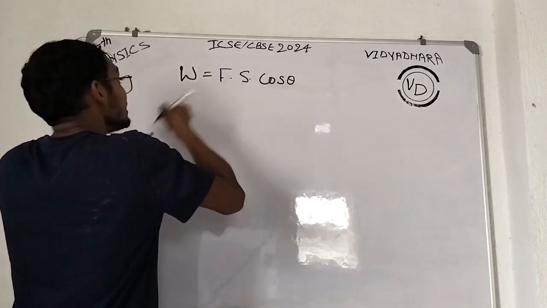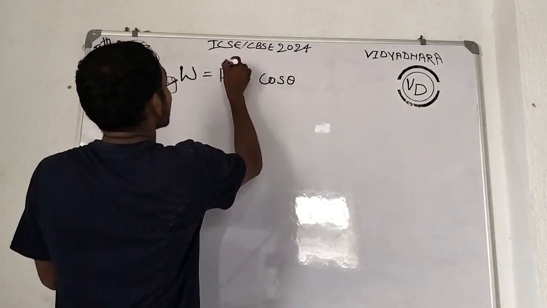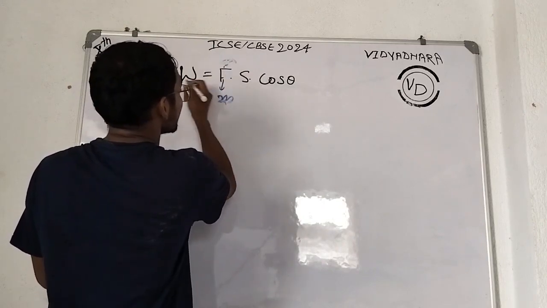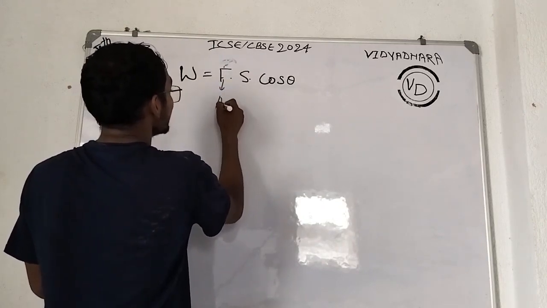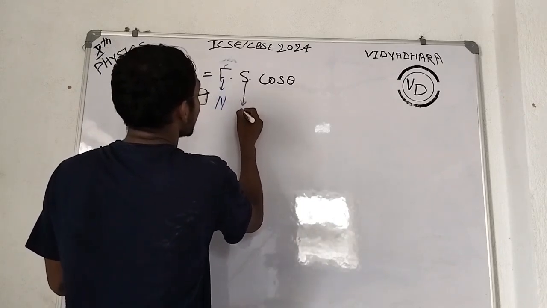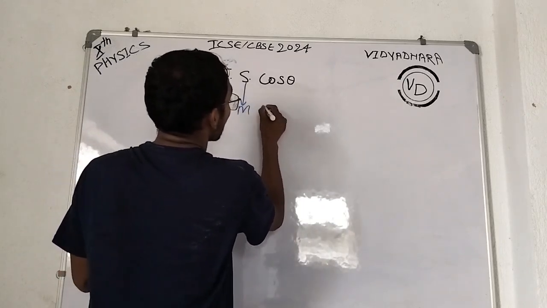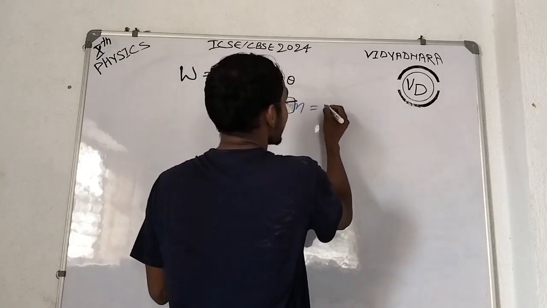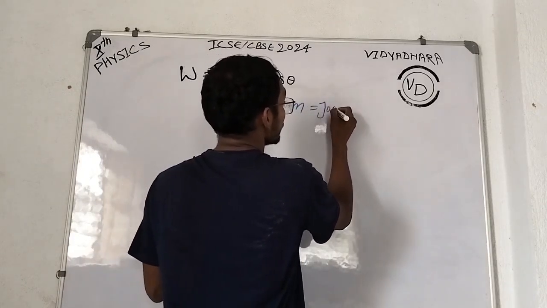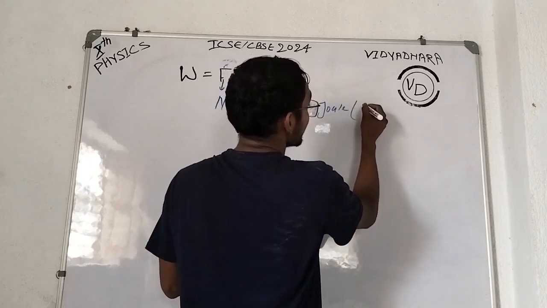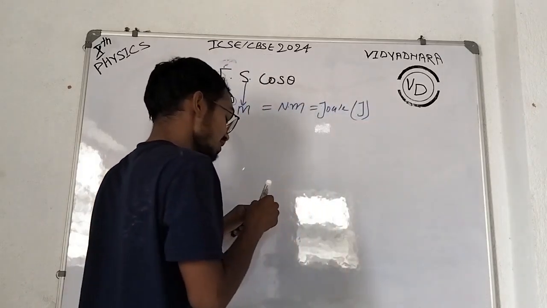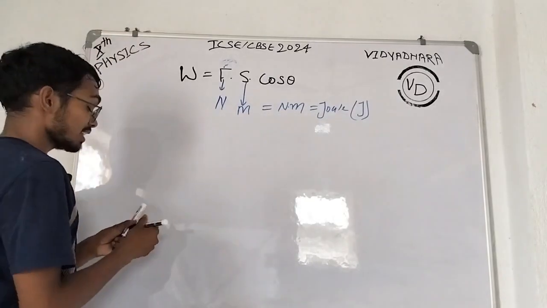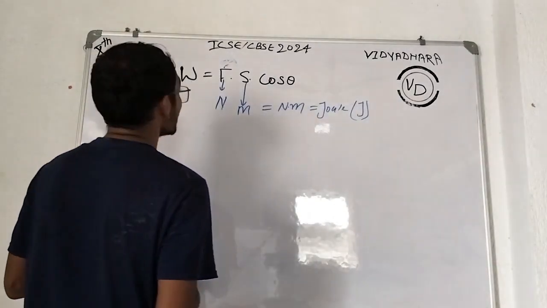Force is measured in Newton, displacement is measured in meter, so overall it is Newton meter, which we have said is joule. Joule is denoted by capital J.